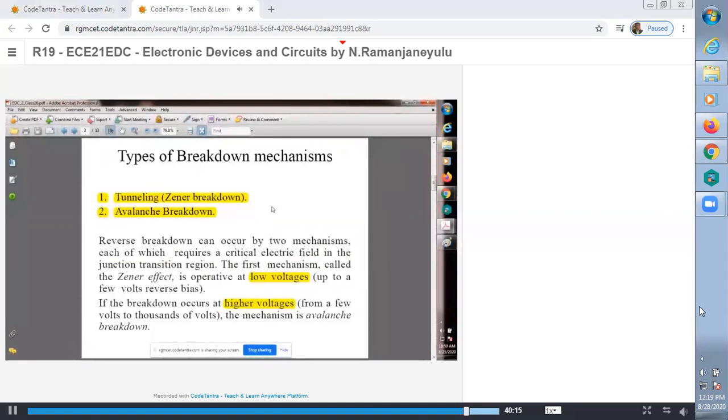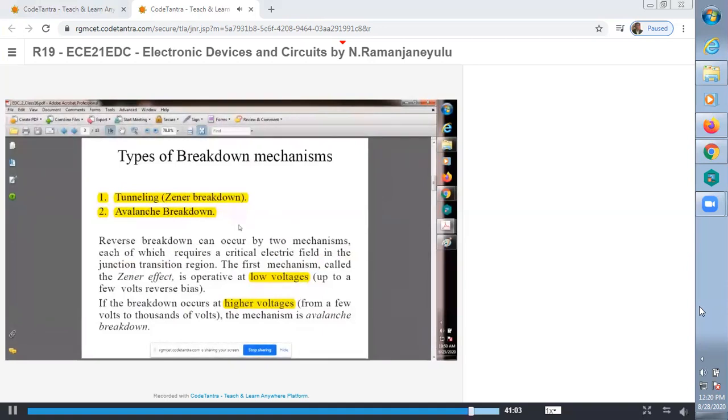If the breakdown voltage is higher, like 70 volts to hundreds or some thousands of volts, then the mechanism is avalanche breakdown. But the common name is Zener diode only. There is no separate avalanche diode; people generally call them Zener diodes.